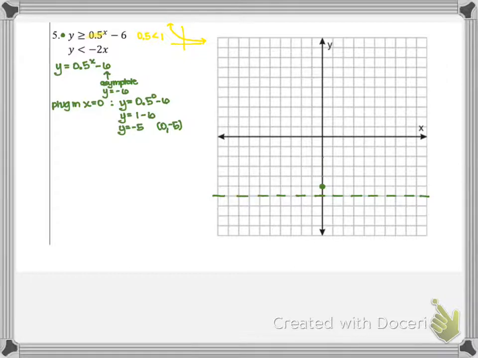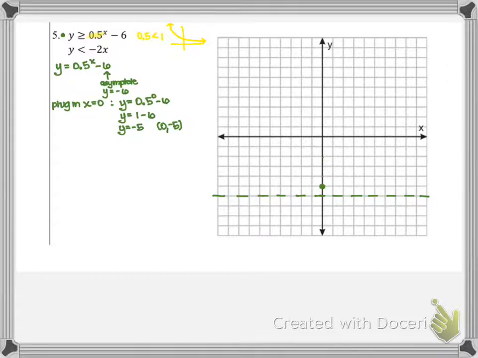It's going to be shrinking over time. We could do it that way, or you could plug another point in and find another point on the graph. I'm fine with just, okay, I notice that it's 0.5, it's shrinking. So let's have a graph that's shrinking.